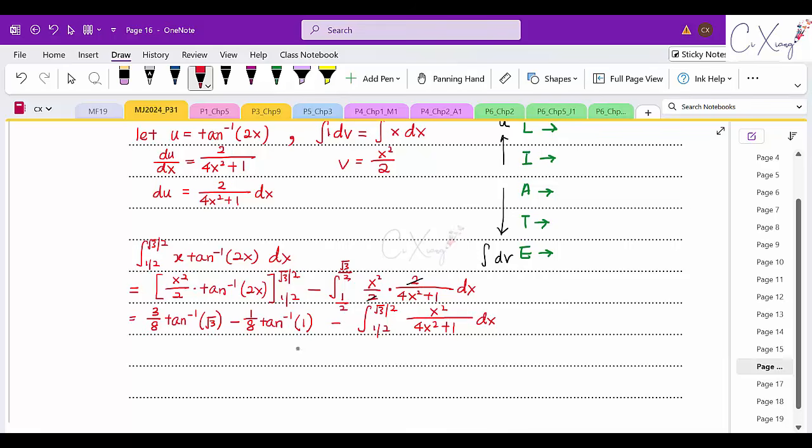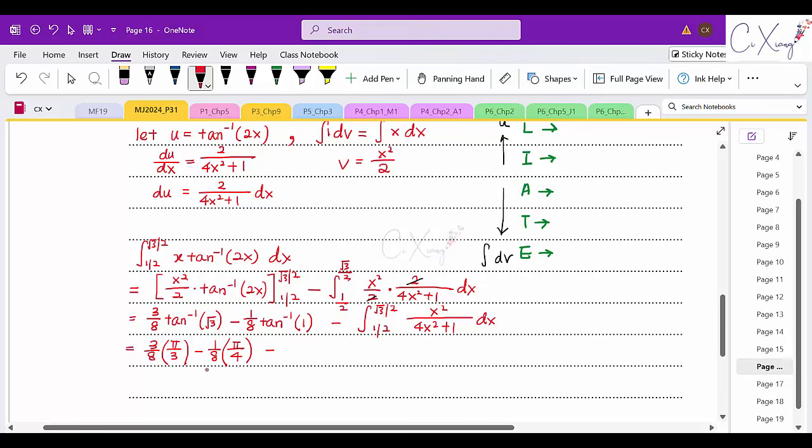Now next step, try to simplify this one. Tangent inverse 3 will give you a value of pi over 3, which is 60 degrees. Minus 1 over 8, tangent inverse 1 will give you a value of 45 degrees, which is pi over 4. This part we can simplify later in the next step.